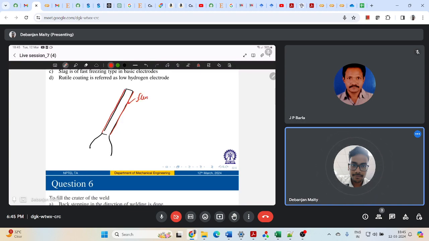So that is my flux covering. This is my core wire of that electrode. This is my arc, which will be established between the electrode and the workpiece. So this is my arc.